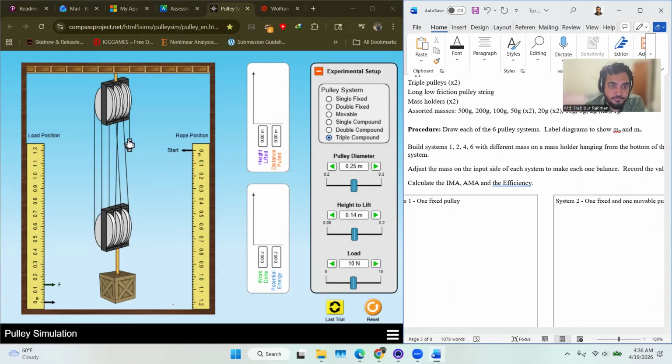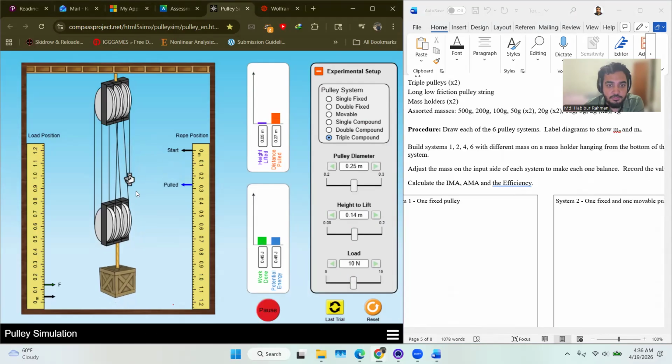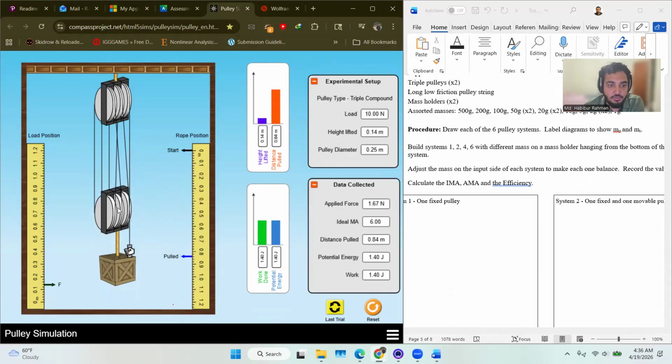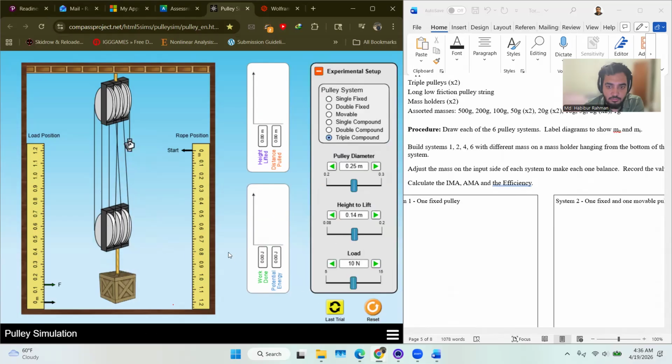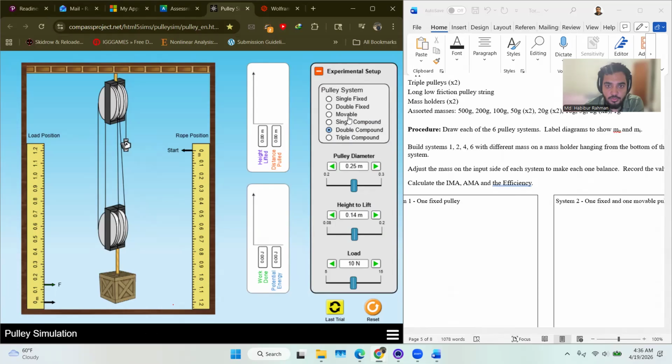I'll explain to you. Here, suppose we want to lift this 1 meter. Just look, where is the rope? How much do we lift? Here, we are lifting the full diameter, the full compound, double compound.